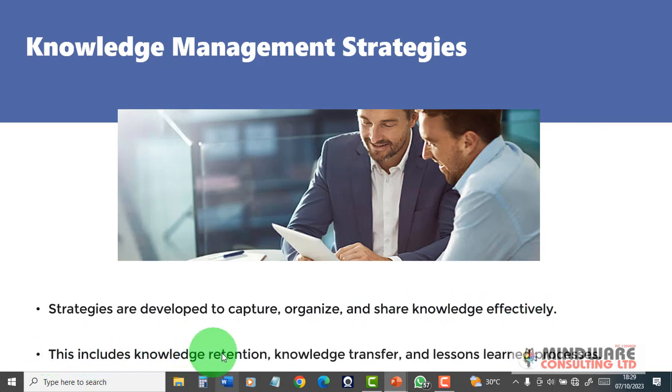This includes knowledge retention, knowledge transfer and lessons learned processes. So if we are talking about knowledge management, we have to have strategies for capturing such knowledge, organizing it and even sharing the knowledge. So this is an important tool in the process.